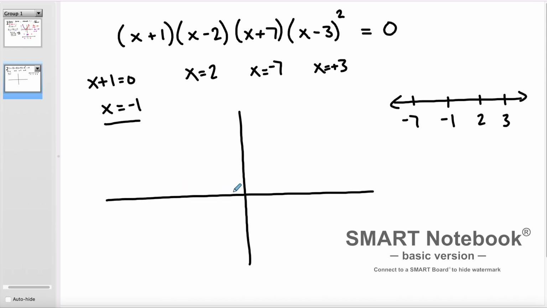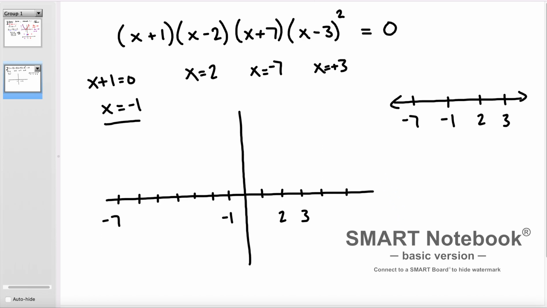And so I can go ahead and put those on this coordinate plane. -7, -1, 2, 3. Okay.